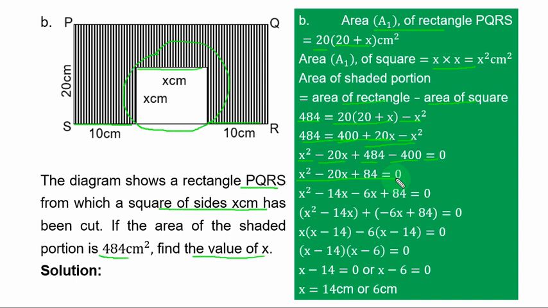Such factors must be minus 14 and minus 6. So the two factors are written to replace the middle term. So you have s squared minus 14s minus 6s plus 84 equal to 0.